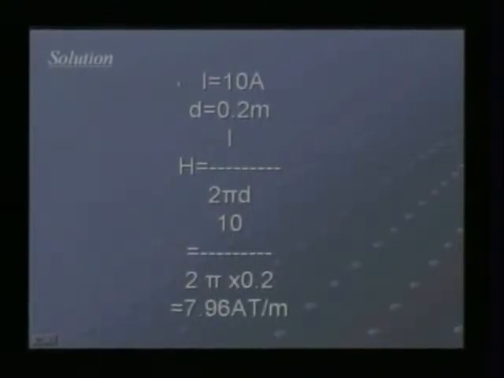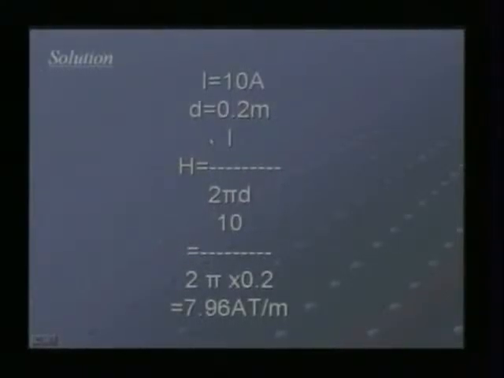In the given problem, the current passing through the straight wire, I, is equal to 10 amps. The distance at which field strength is to be calculated, d, is equal to 0.2 meters, and we know the formula for field strength of a straight wire at a point P is H equal to I by 2 pi d.